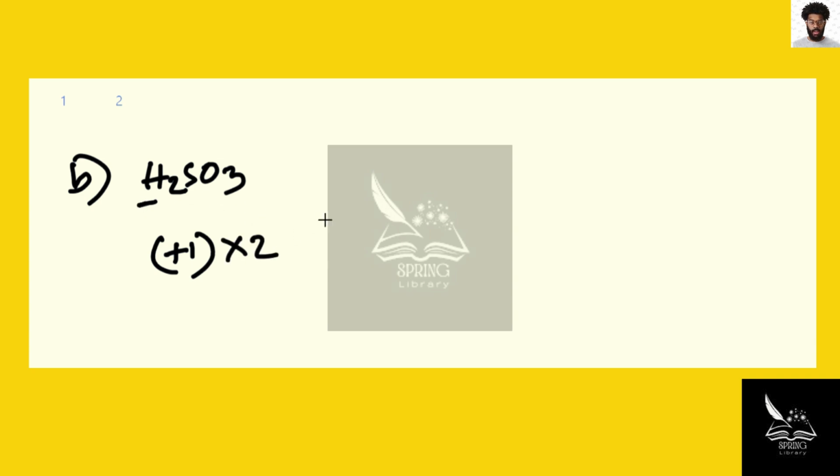Now I go to the second one, where we have sulfurous acid, H2SO3. Same way we write down all the oxidation states. So for hydrogen it is +1, and we have 2 hydrogen here. That means we have +1 times 2. Then for sulfur it is X, and for oxygen it is -2 times 3.